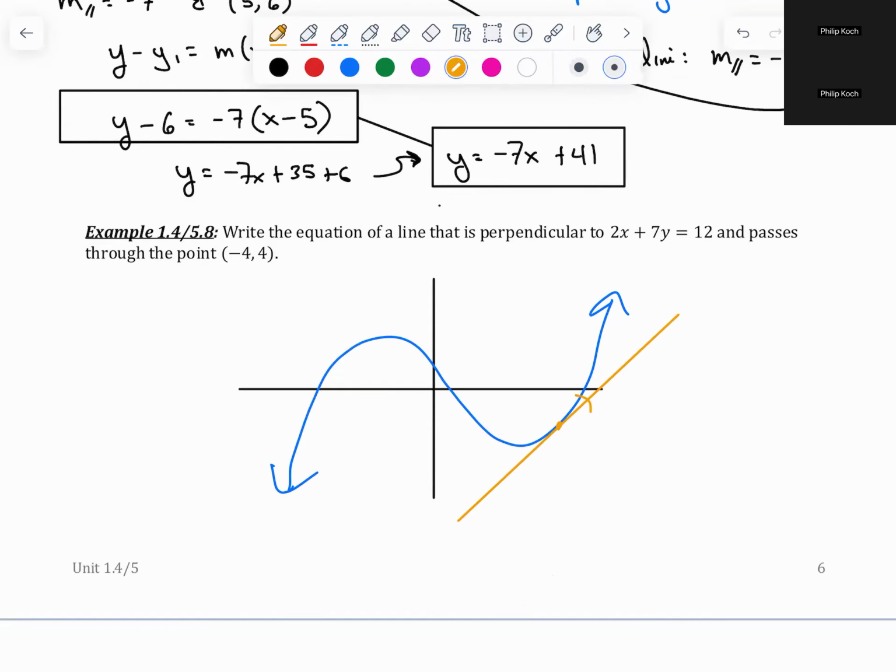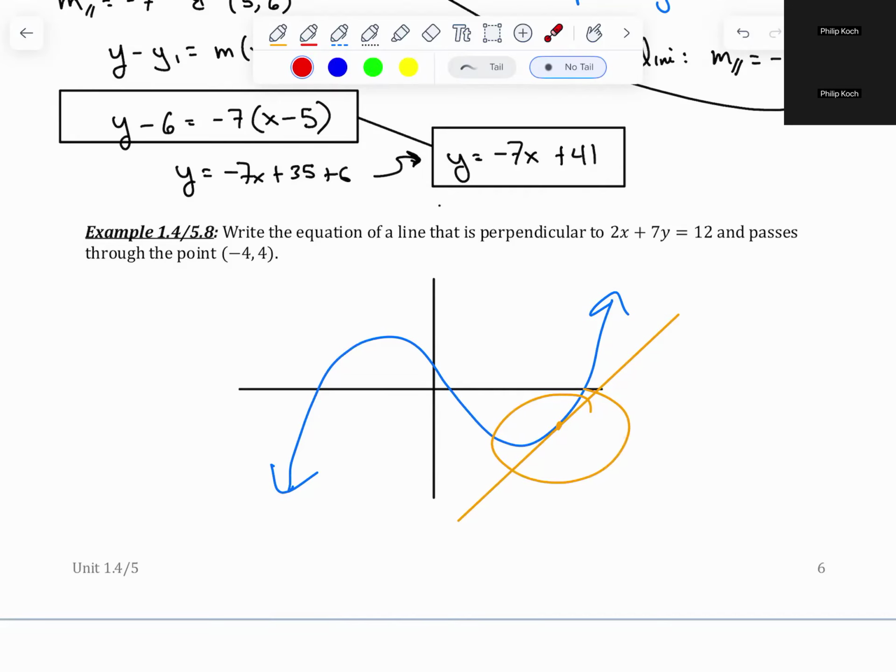All we care about is where it intersects the curve, which is the point. So what this would tell you is that the tangent line occurs at 5 comma 6, with a slope of negative 7. It would tell you exactly where you need to go. That's the reason why I like it more. It has better applications for future math courses.